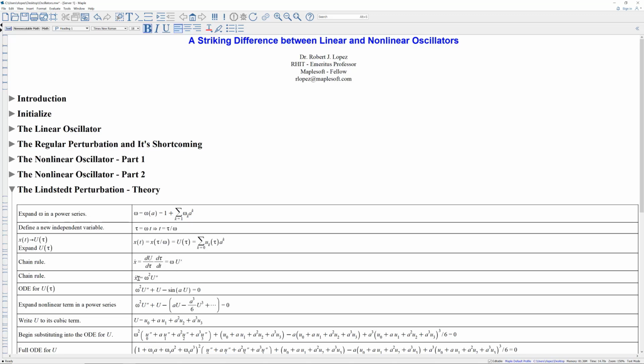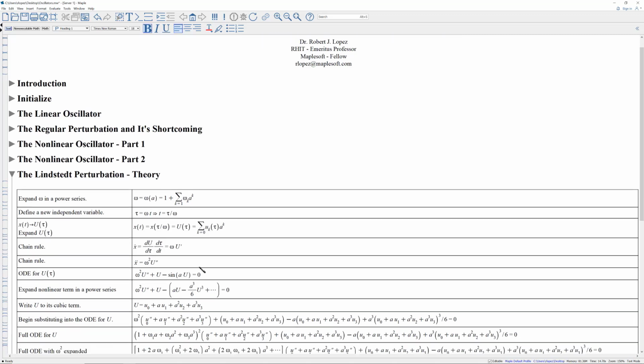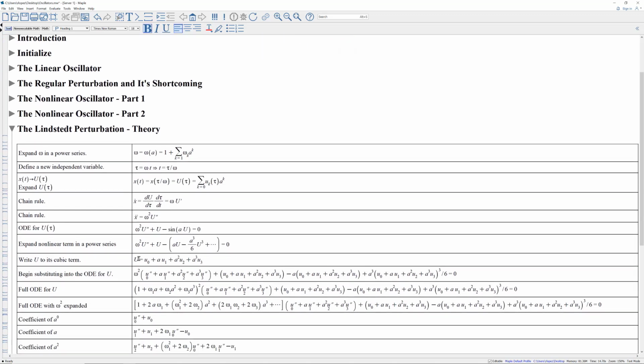Second derivative just picks up another omega, so it's omega squared. The differential equation now looks like this: omega squared u double prime plus u minus sine of au. And this sine function is expanded in the Taylor series for a sine, and you get au minus au cubed over 3 factorial dot dot dot.